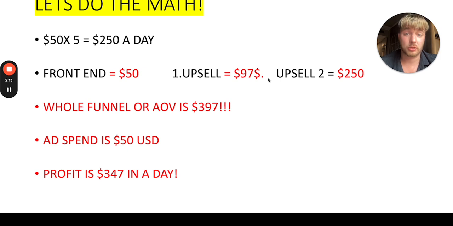And then you have a second upsell which pays an extra $250. So it means the average order value is almost $400. It means you can make $397 net profit from one person buying the whole funnel.